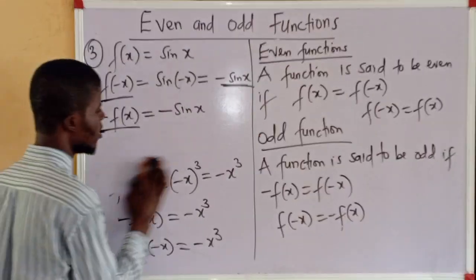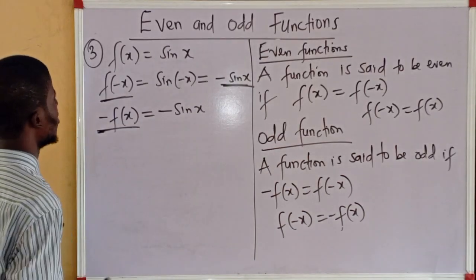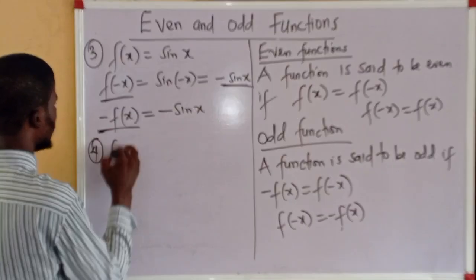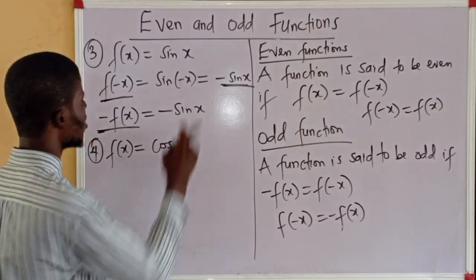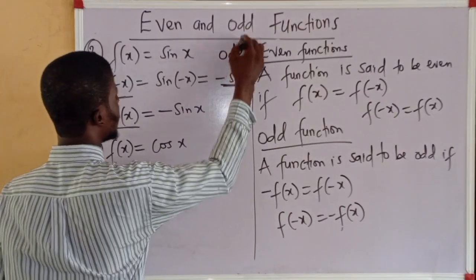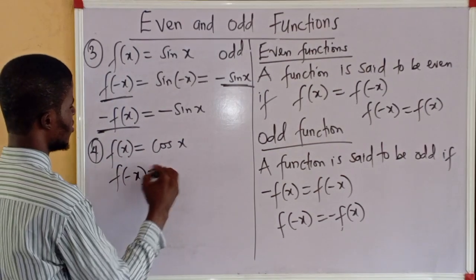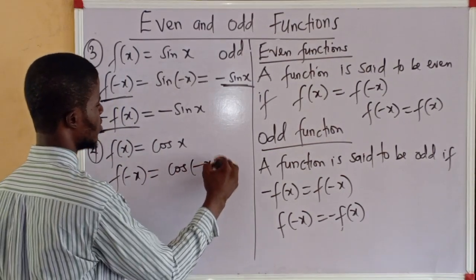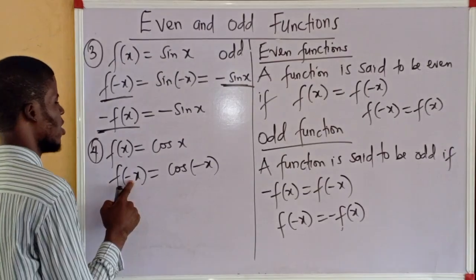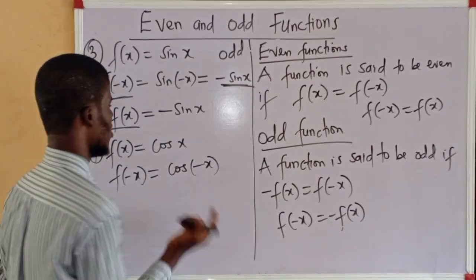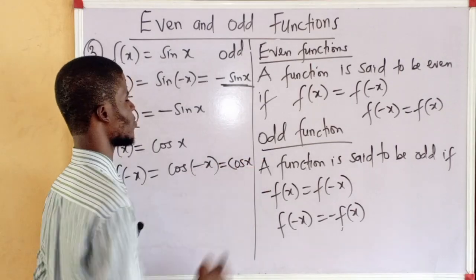What if we consider the cosine? That is f of x equal to cos x. Alright, what do we say about this function? f of minus x is cos of minus x. Okay, replace the x with minus x. Trigonometry says that cos of minus x is equal to cos x.